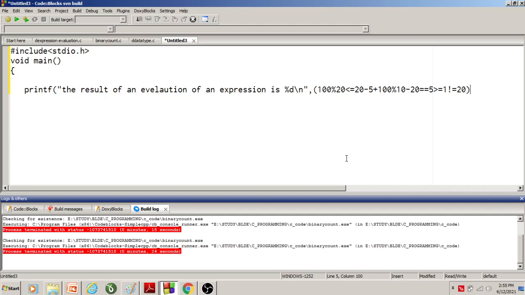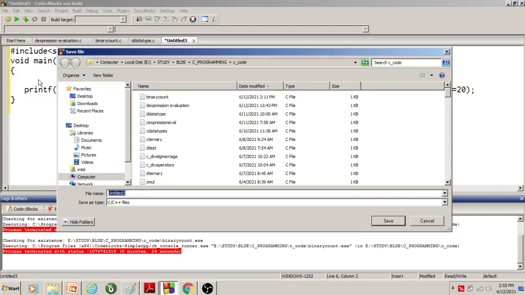So this is our expression that we have just evaluated. I just close this flower bracket to complete the program. I save this as EVA.C.